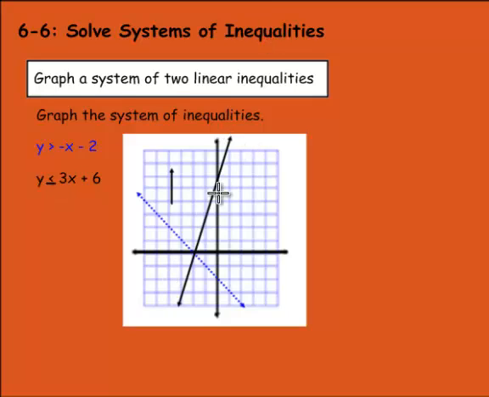So it'd be anything that's less than this line, so anything below this line. So what's above this blue line, but below this black line? Well, it'd be anything over here, above the blue line, below the black line, so I can color that whole space in.